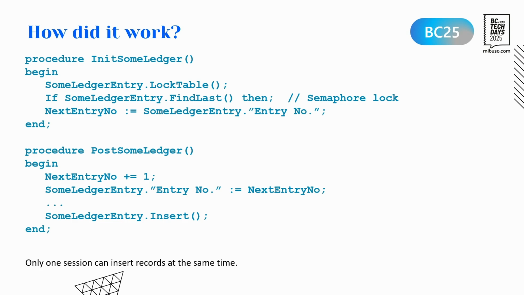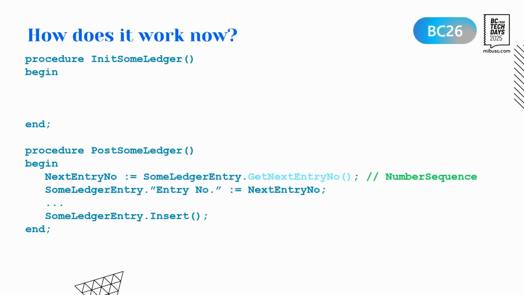This means that only one session can do it at a time. So the change we did was that in the init function, if you have turned it on, we don't do anything. But when we post, we assign a number from the number sequence. Most of the tables have this get next entry number function, which takes from a number sequence.